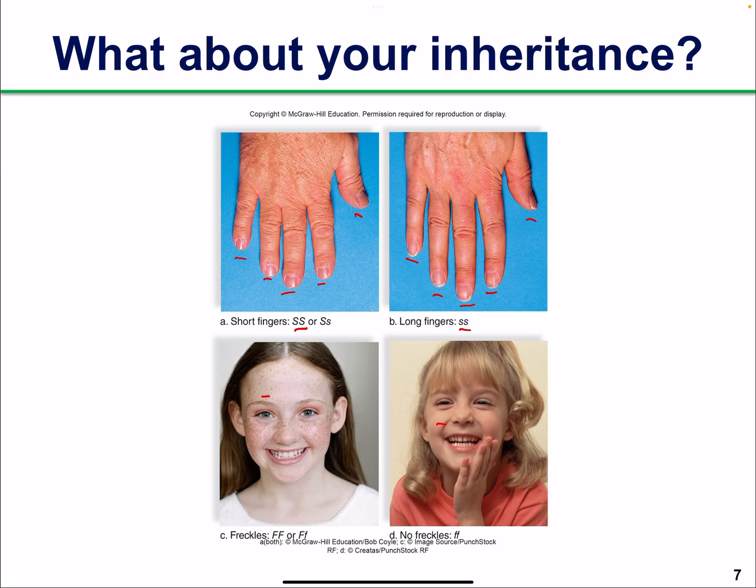So an individual with short fingers is capital S, or capital S, lowercase s, while an individual with long fingers is homozygous recessive, right? An individual with freckles is capital F, or capital F, lowercase f, while someone without freckles is homozygous recessive, lowercase f.